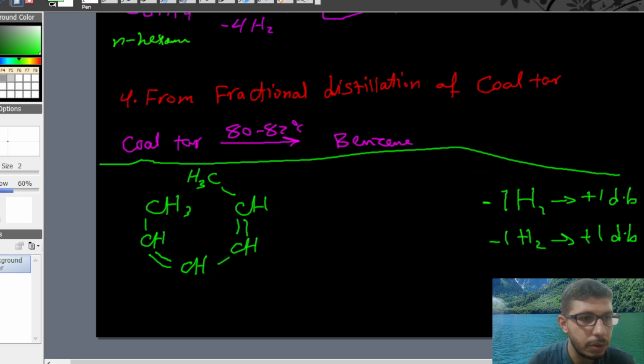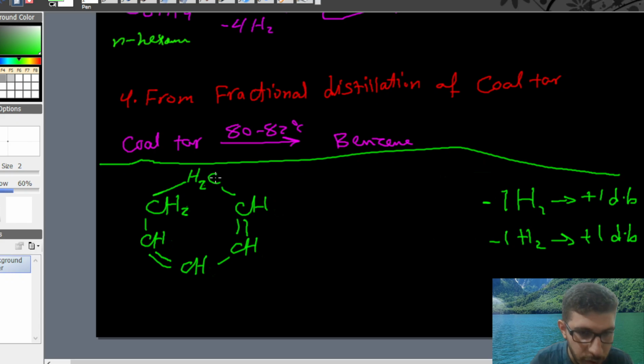Okay, so what about this? How would you form a double bond? First, you have to link these carbons. If you want to link these 2 carbons, you will remove 1 hydrogen, right? So I will remove 1 hydrogen here and 1 hydrogen from there. So I will get CH2 and here CH2 and I will form just a bond.